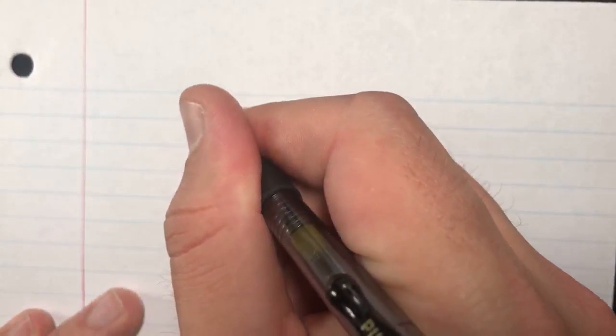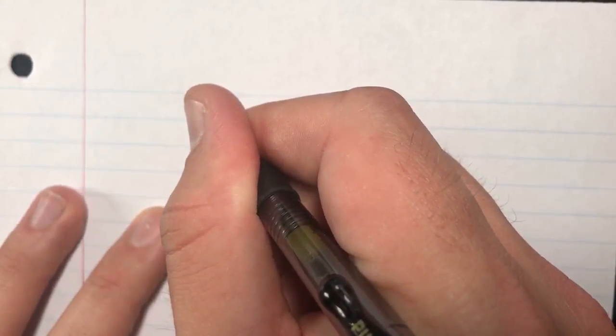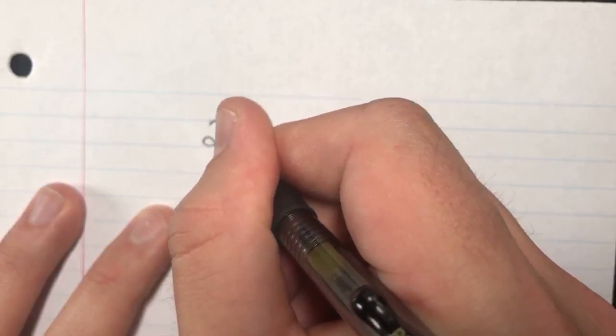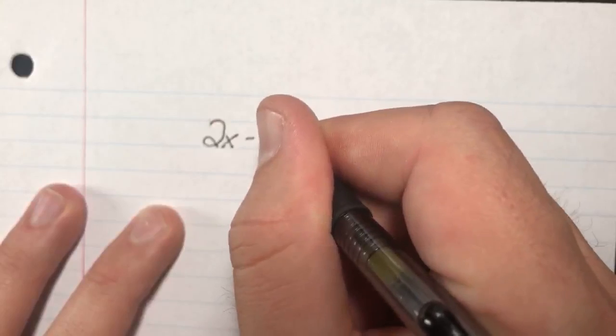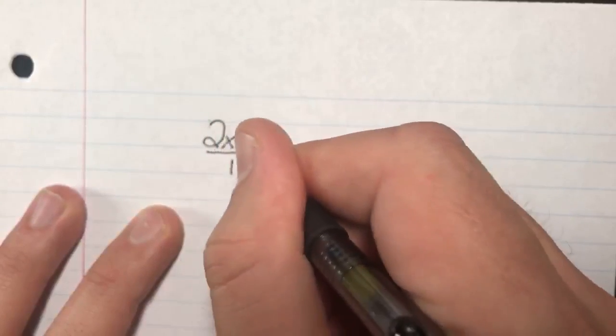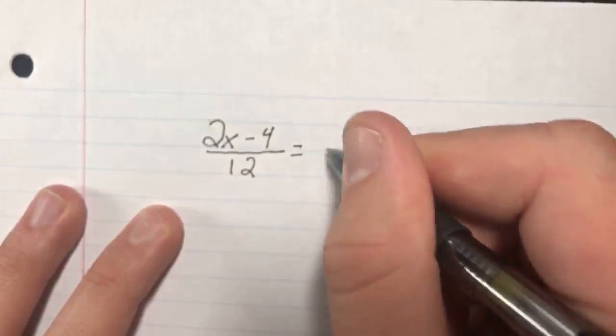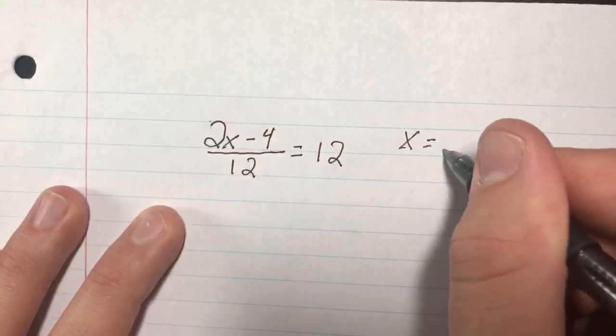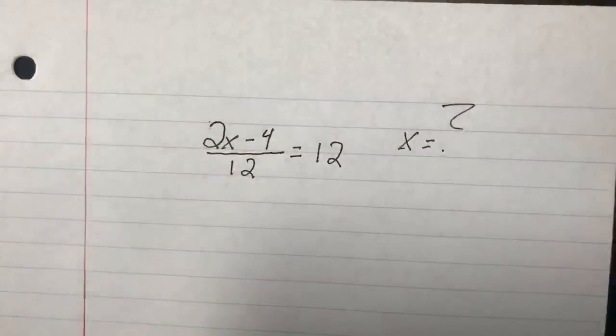So let's say it'd be (2x minus 4) divided by 12 equals 12. Solve for x.